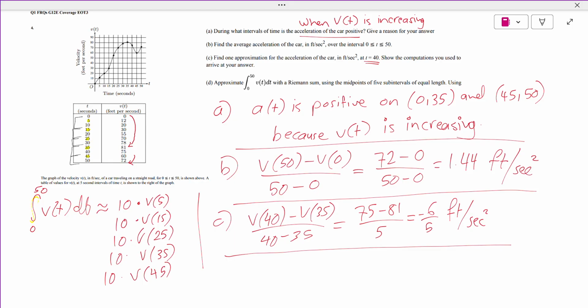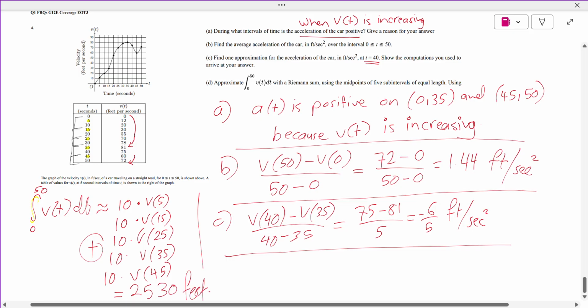So v of 5, 15, 25, 35, 45 are given in the table, and this should, if you add them all, you must get 2,530 feet.